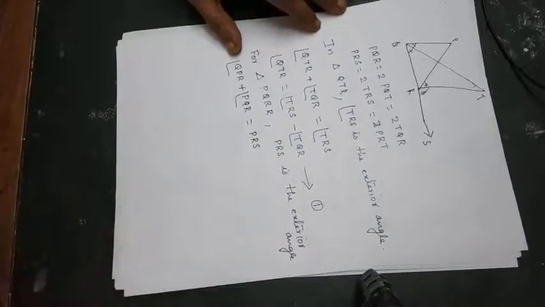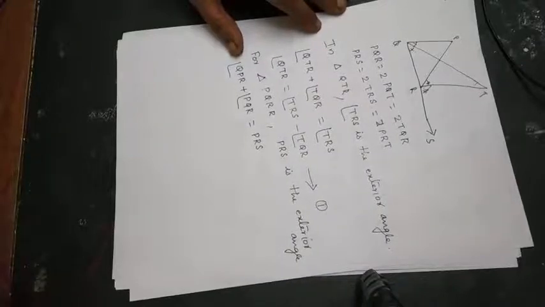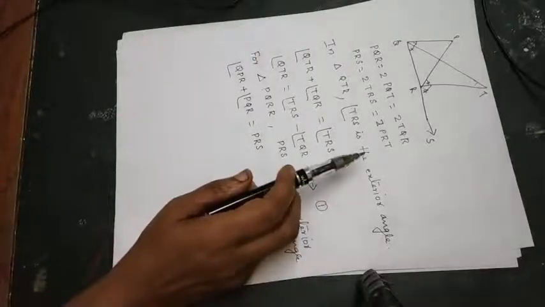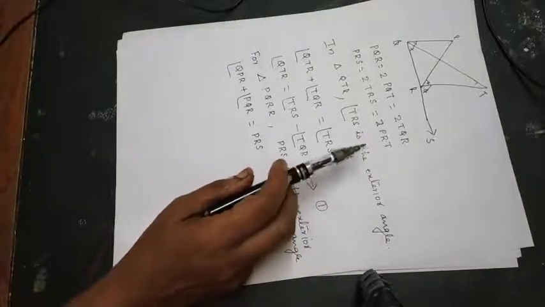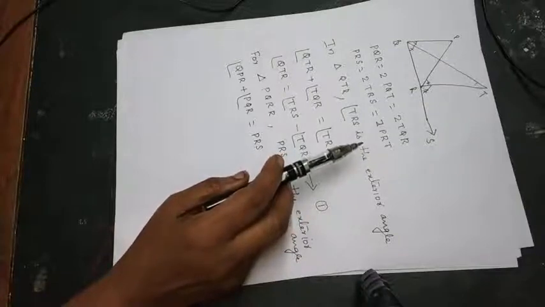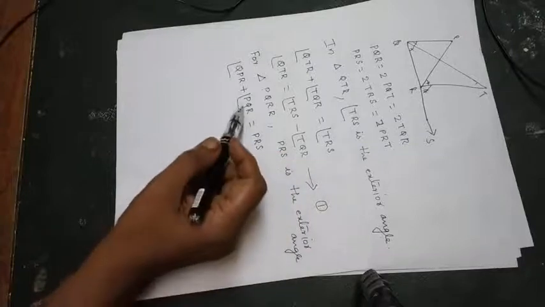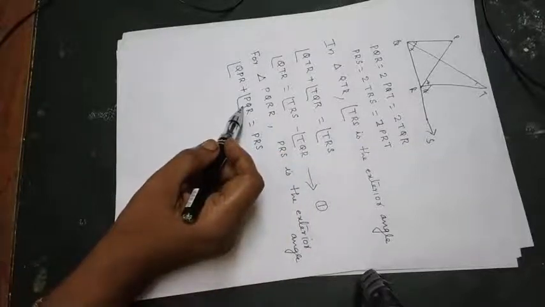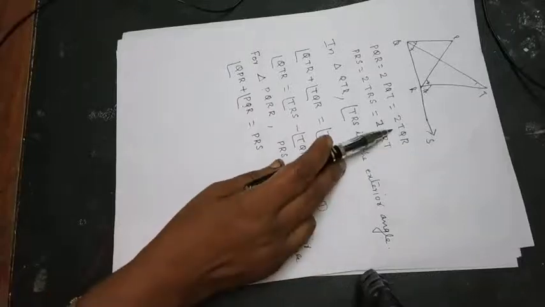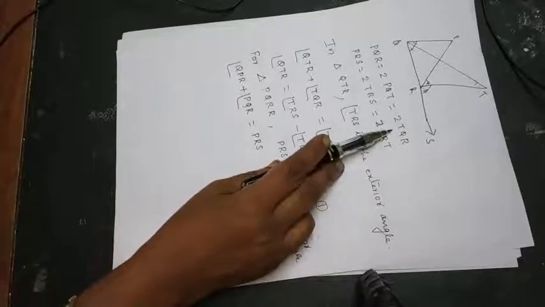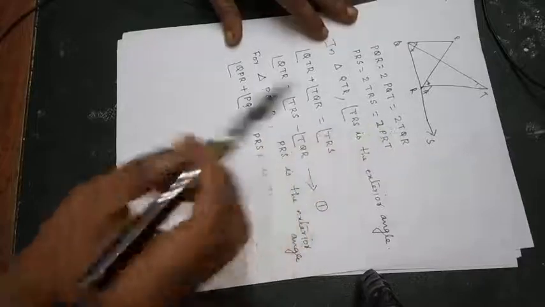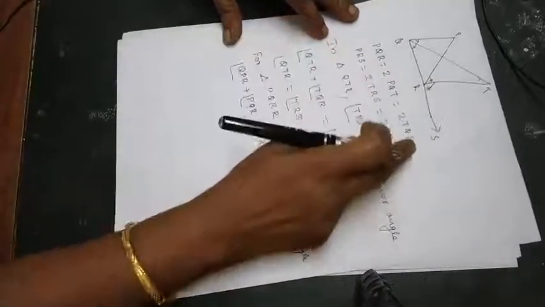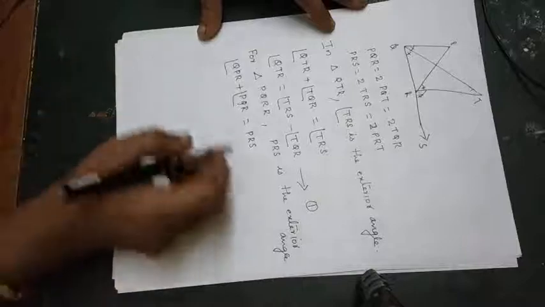Now we apply the angle bisectors: QPR plus, instead of PQR, we will write 2 times TQR. Okay, so PQR is equal to 2 times TQR.